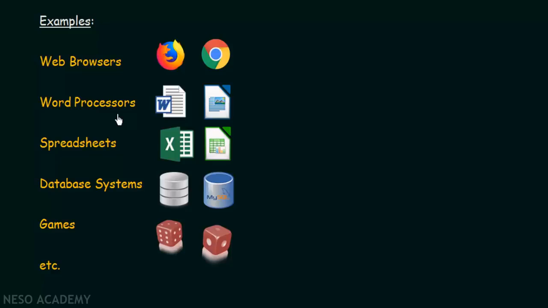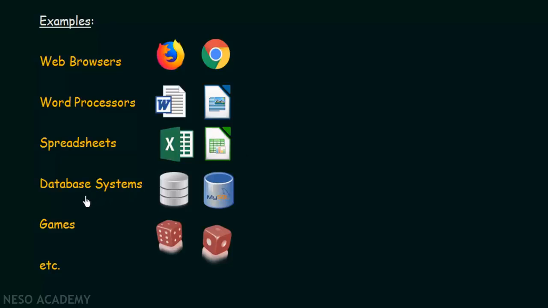For example, in Windows you have Microsoft Word, and if you are using Linux with LibreOffice installed, you have LibreOffice Writer, which is the word processing application in LibreOffice. And then you have spreadsheet programs like Microsoft Excel in Windows, and in LibreOffice in Linux you may have LibreOffice Calc, C-A-L-C. Those are spreadsheet programs.